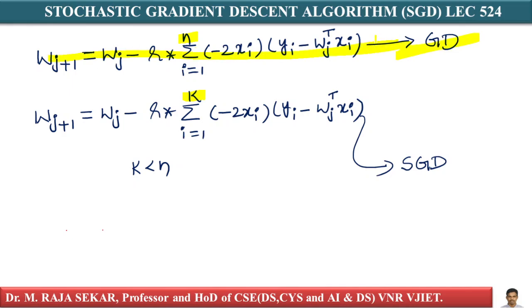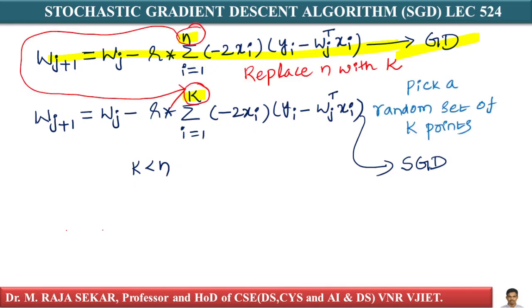What does SGD say? Very intuitively, SGD says that instead of using all of the points, sigma i=1 to n, let's just say you are using k points here.